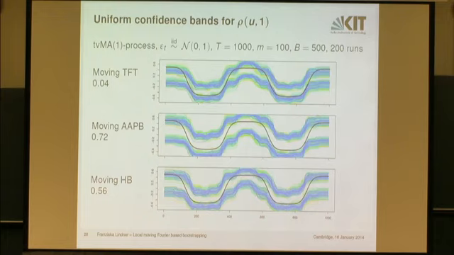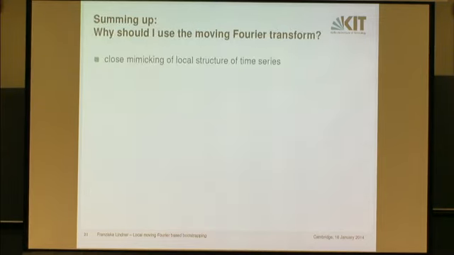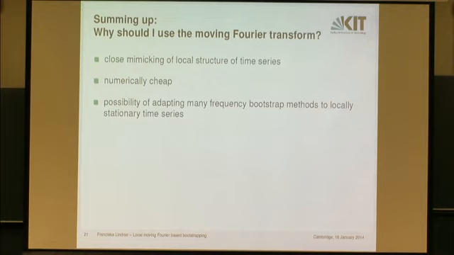So what we've seen so far is that the moving Fourier transformation actually closely mimics the local structure of our time series. Plus, it's numerically cheap, and we can adapt frequency bootstrap methods to the locally stationary setting.